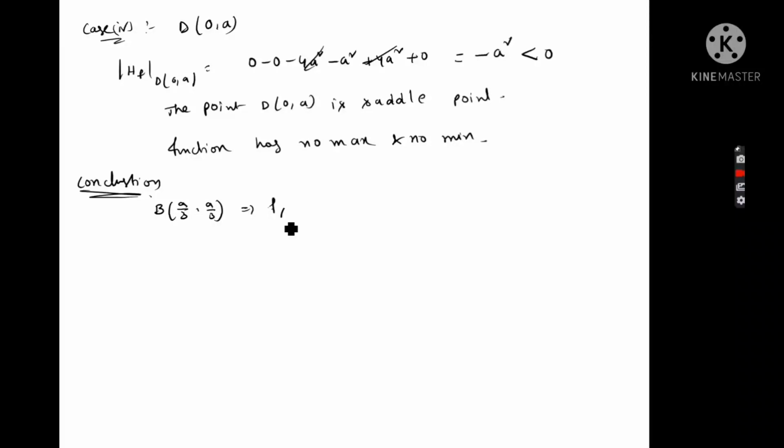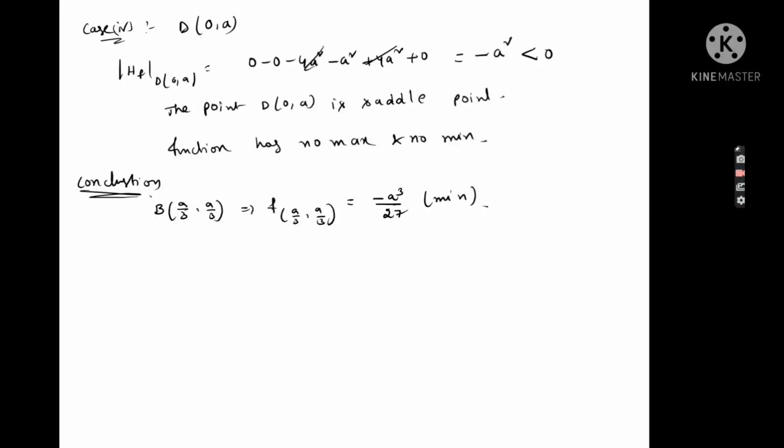That implies F at (a/3, a/3) is minus a cube by 27, minimum. If in the question they asked what are the saddle points, you can mention (0, 0) is a saddle point, (a, 0) is a saddle point, and (0, a) is a saddle point. What are the stationary points? The four points are stationary points.